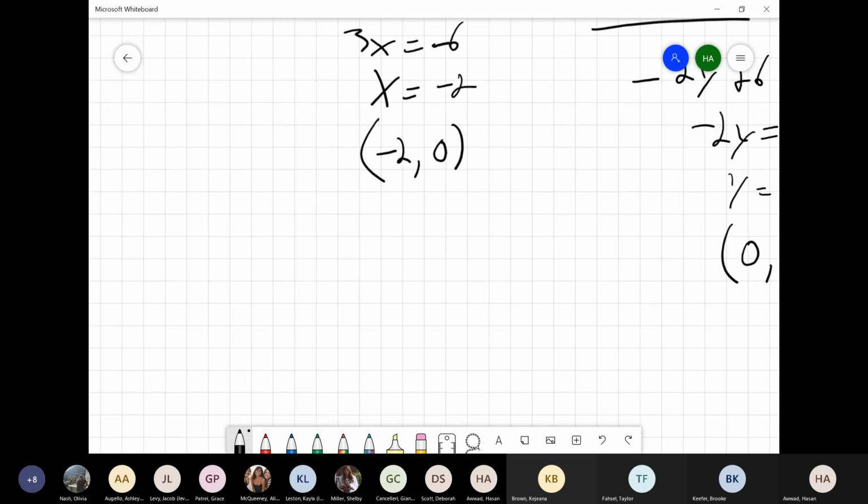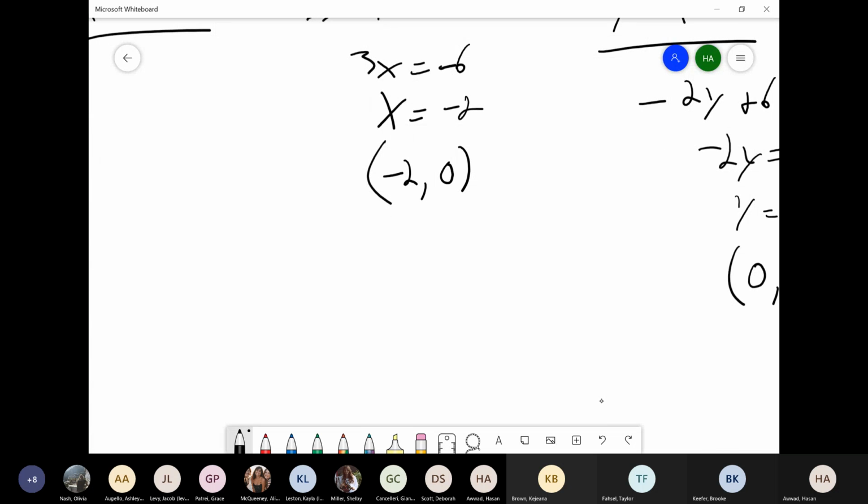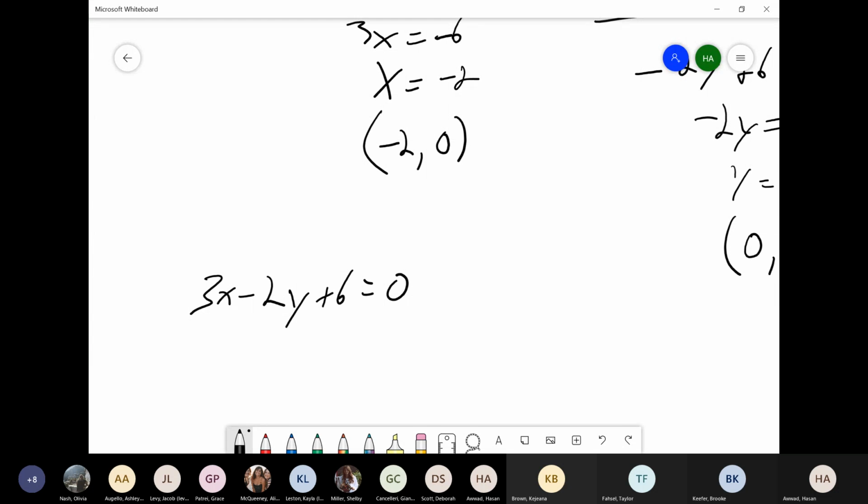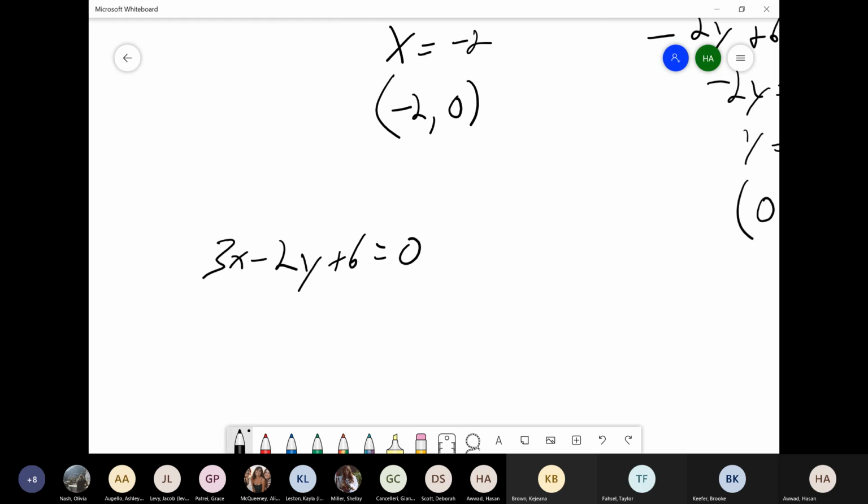So changing this into slope-intercept form, again, we know that we have 3x minus 2y plus 6 is equal to 0. We're solving for y, right? That's how we get it in slope-intercept form. So I'm going to move that 2y over to the other side because it's negative. So we're going to have 3x plus 6 is equal to 2y. And by adding the 2y over, now we're isolating y, right? There's only one last thing that we have to do, and that's divide by 2.